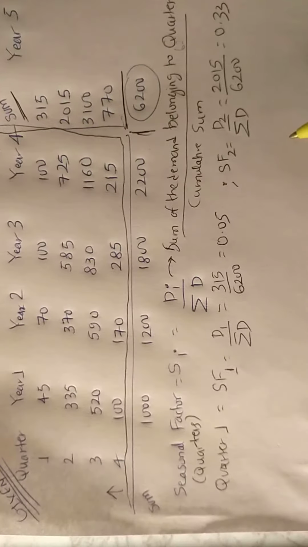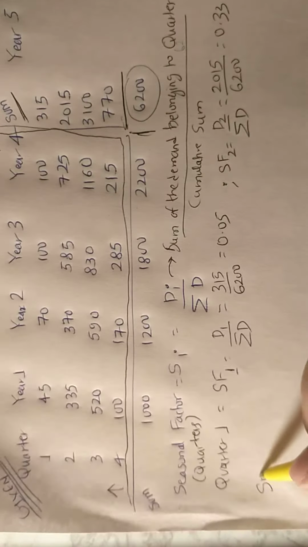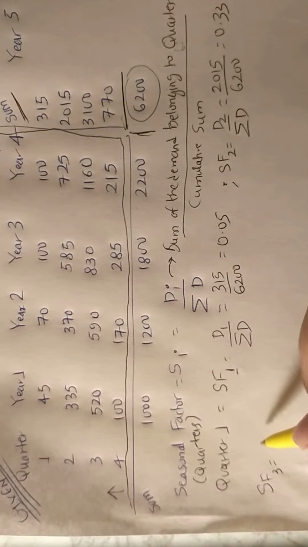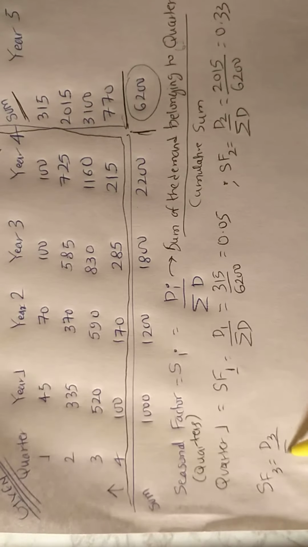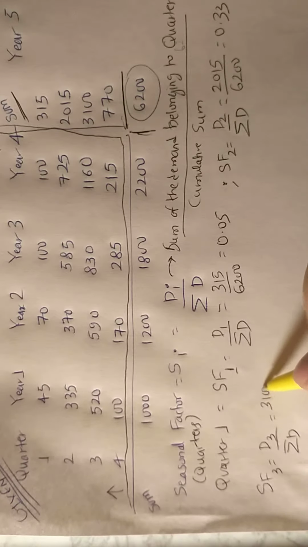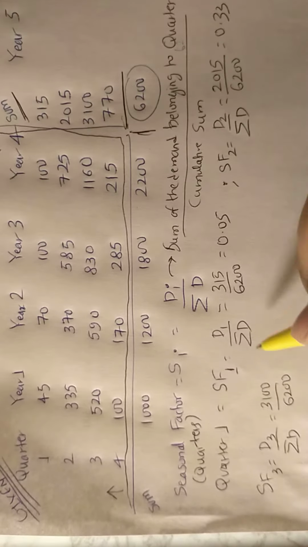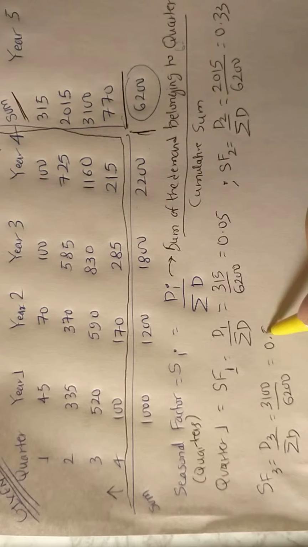Similarly, you can do this for quarter 3. Now it's D3 over the summation of D, and that is equal to 3100 over 6200, so that is equal to 0.5.